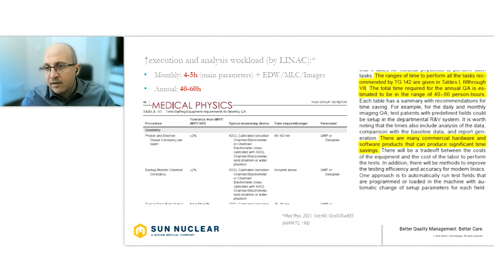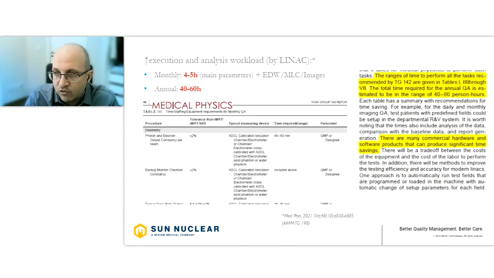We know that with the increasing complexity in the linear accelerators, the number of periodic tests has been increasing significantly too, and consequently the workload of the medical physicists to collect and analyze the data. The TG 198 document estimates time for each test, in different sections of the TG.